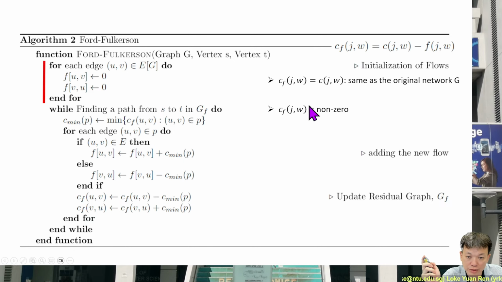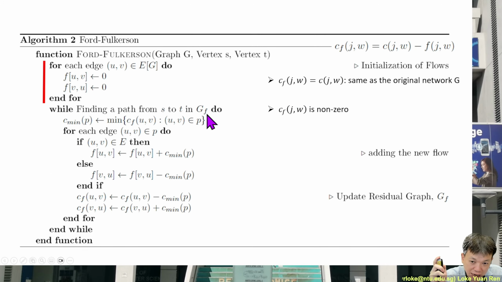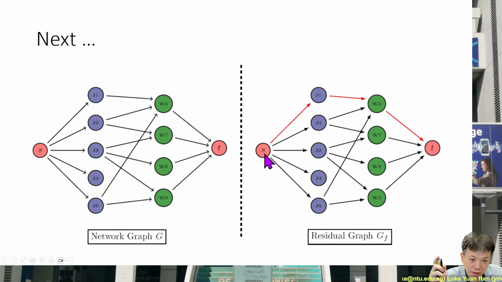It should be non-zero, definitely 1. For our problem here, I only consider 0 or 1, so there's an edge or there's no edge. After you find the path, of course, you need to remember this is one path.